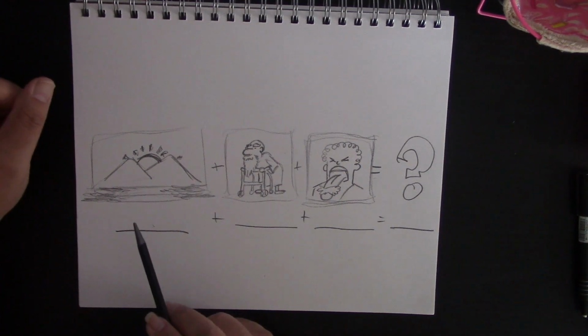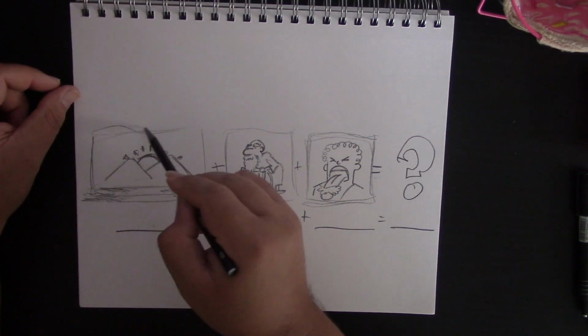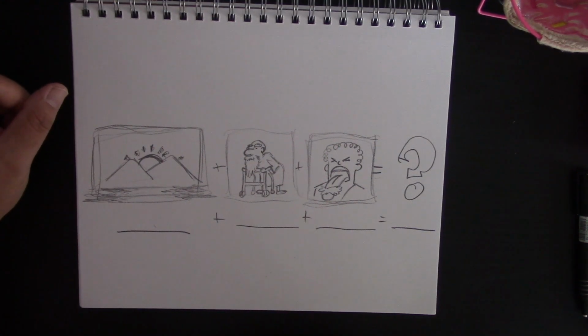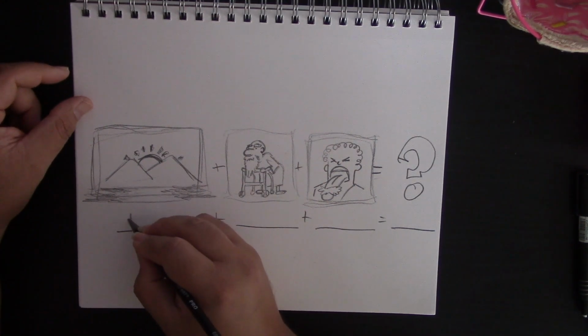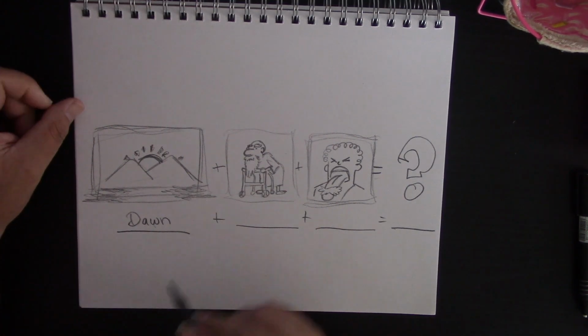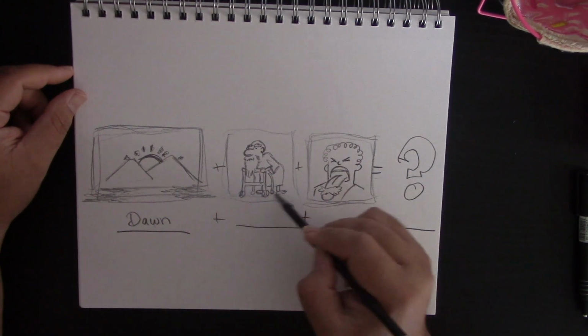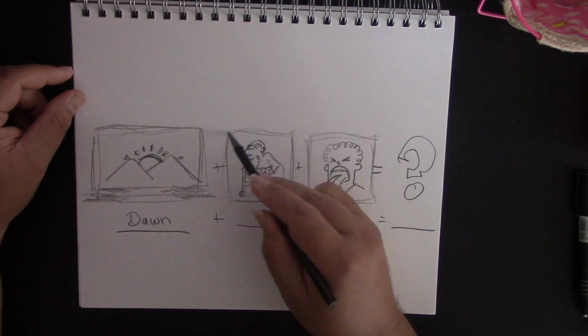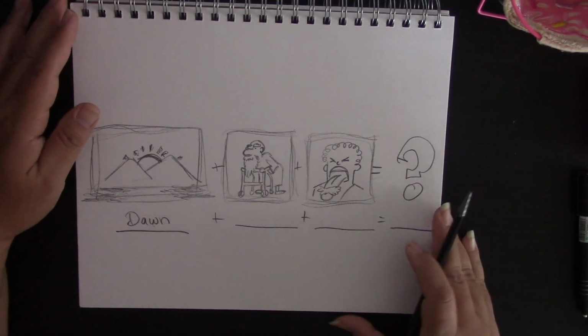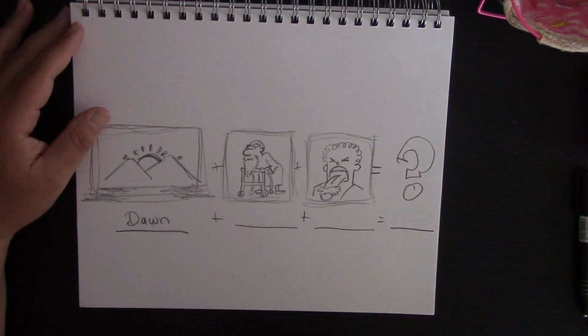Okay, so when the sun comes up, another word for early morning is the, anybody know? Starts with a D? The dawn. Okay. A person who is living in their older years, we usually call those people, not seniors. Well, we can call them seniors, but that's not the word I'm looking for in this particular puzzle.